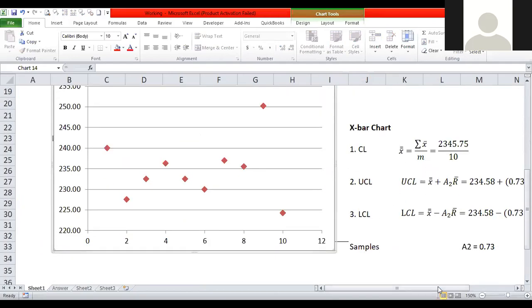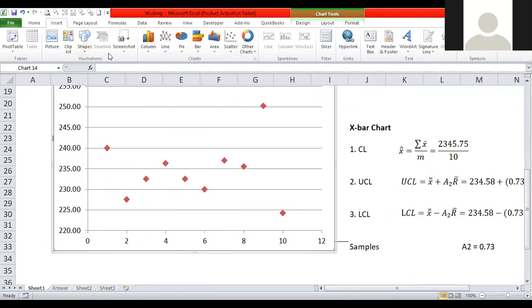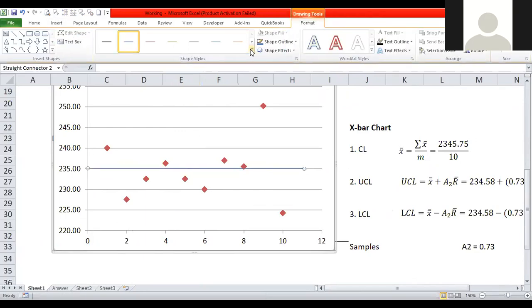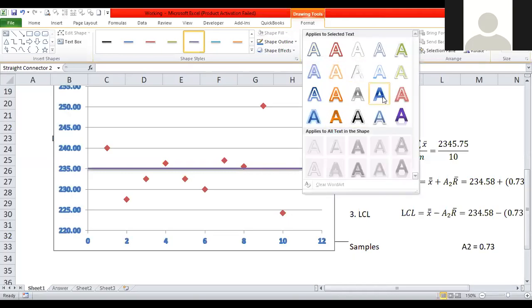So the central line, that is 235. So this is the central line. I will put it in purple color.